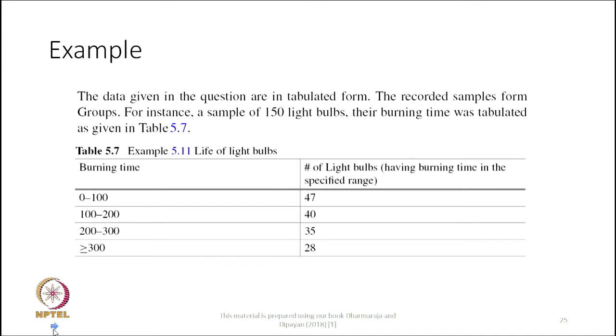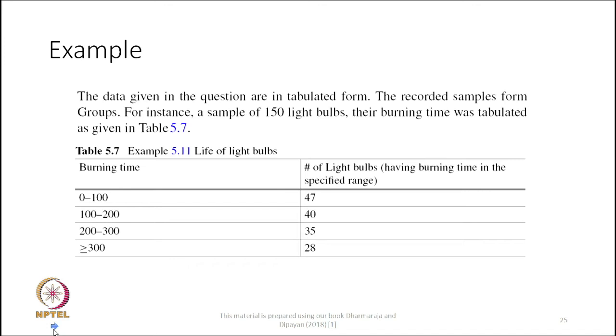It is very difficult to write down all the burning times of all the 150 light bulbs, but instead of that we made a table in which the interval in which the burning time comes, how many light bulbs are coming to that category. Therefore, if you calculate adding all the values, you will land up at 150.